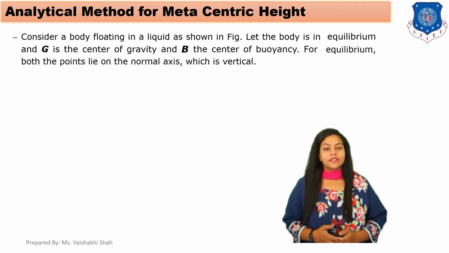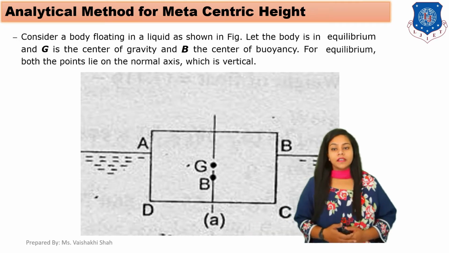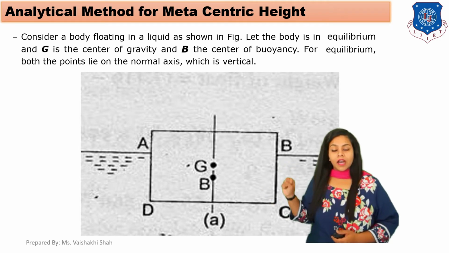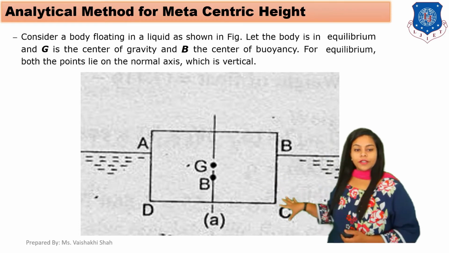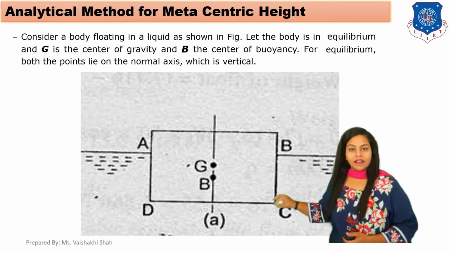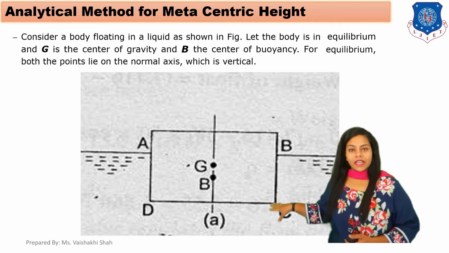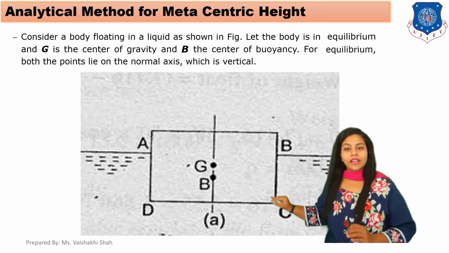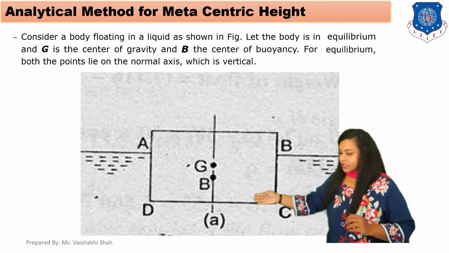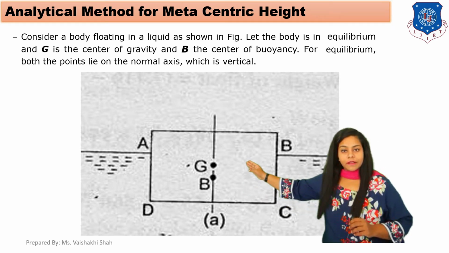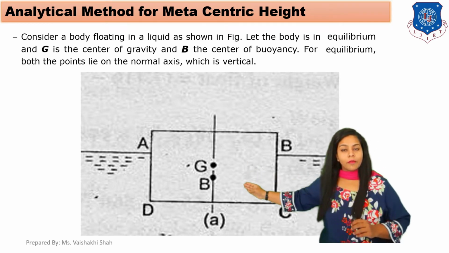Okay, so let's start. First of all, consider a body as shown in the figure. The body is in equilibrium condition. Here we are considering a rectangular block, and this block is in equilibrium condition. Now there are two points here. First is the center of gravity, and second is the center of buoyancy.